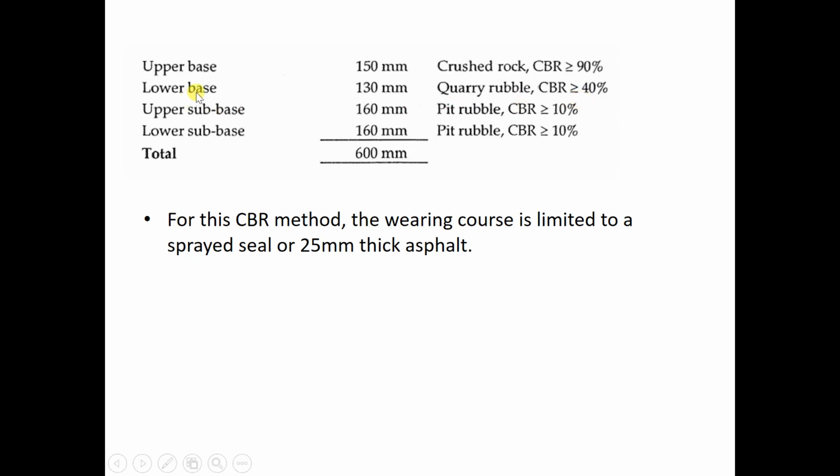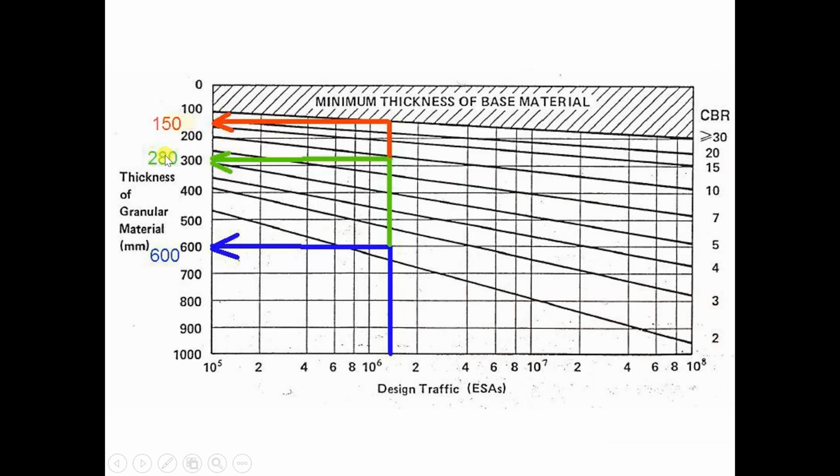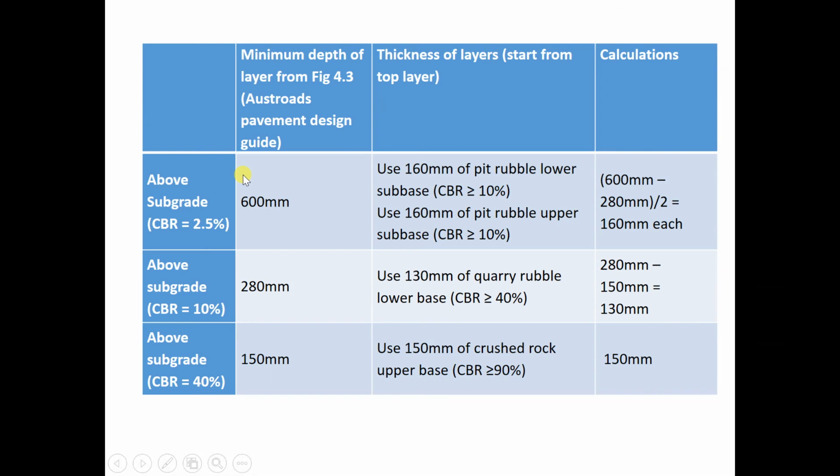This lower base is 40%, this upper base is 90%, but the foundation is above 10%. So that's why the top one is 150. Because we have the total thickness, the green line shows that's 280. 280 is above 10%, so we got a total of 280, and the top layer is 150, so the remainder is about 130.